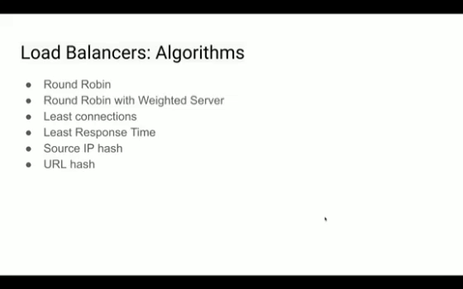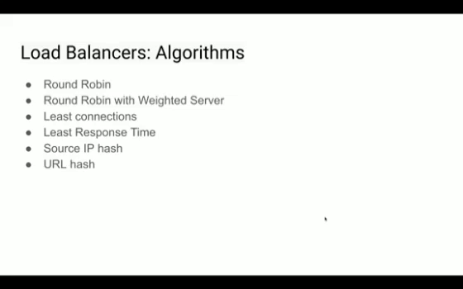The third one is least connection. The least connection algorithm checks which nodes are receiving fewer requests, and it sends the request to that particular server inside the server pool. The fourth one is least response time.